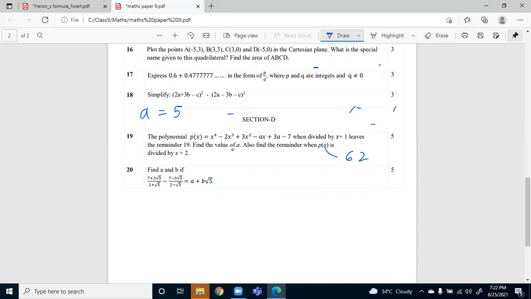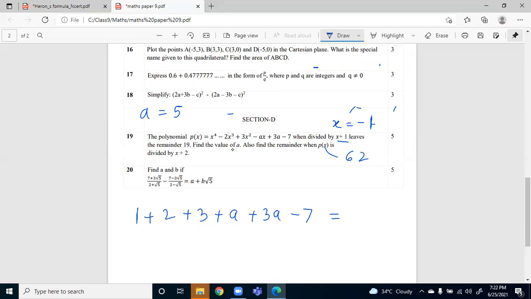So if I have to divide it by x plus 1, the value of x we need to take is minus 1. Now if I substitute minus 1 in place of x, minus 1 to the power 4 is 1, minus 1 cube is minus 1, so it becomes plus 2, minus 1 square is 1, so it is 3 only. Then minus 1 into minus a is plus a, plus 3a minus 7.